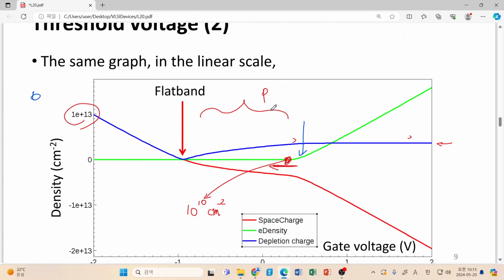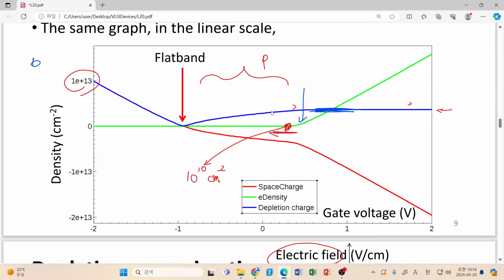this one. This is a really linear graph, and even in this case, you can see that, wow, the depletion charge is almost fixed. What does it mean? It means that, please think about this one. This point corresponds to a gate voltage of 1 volt, and this point corresponds to a gate voltage of 2 volt.